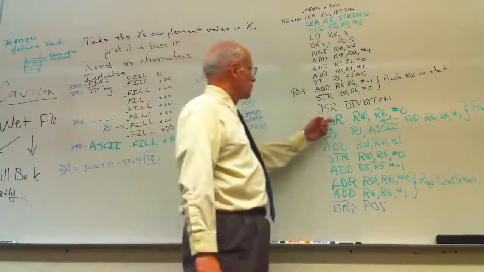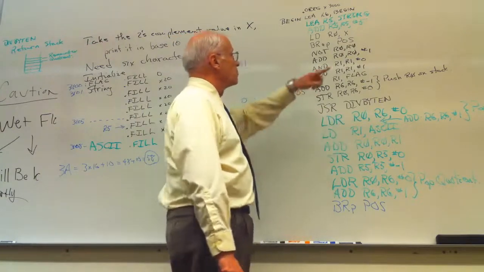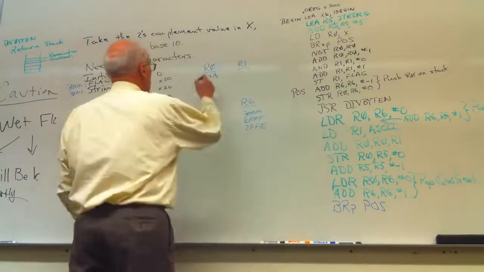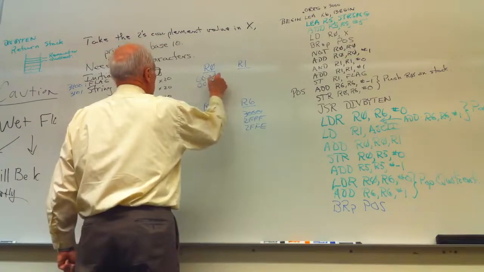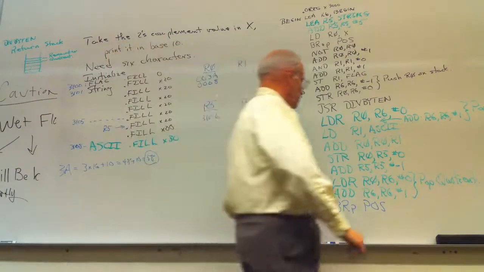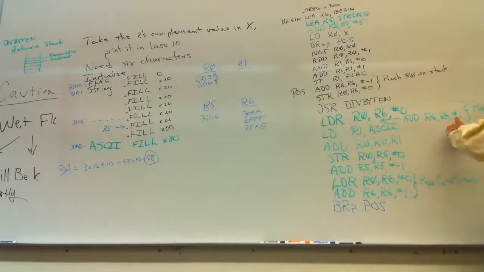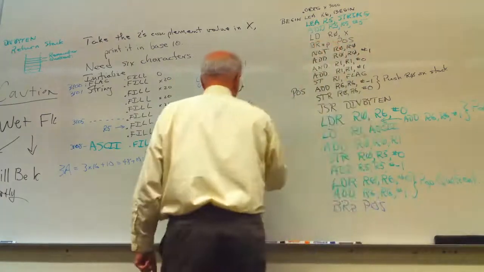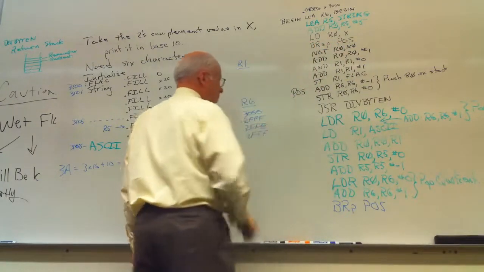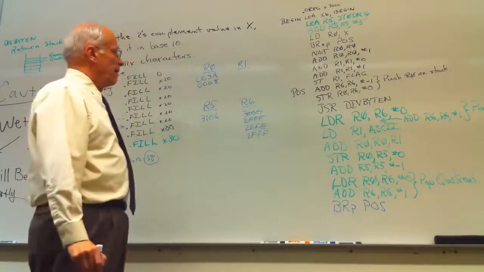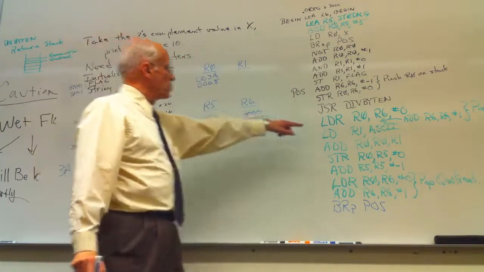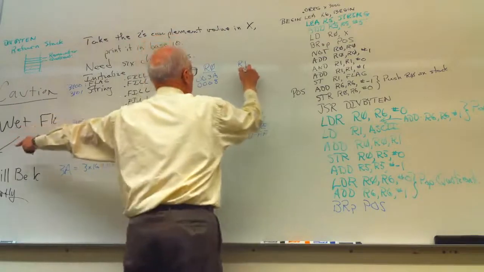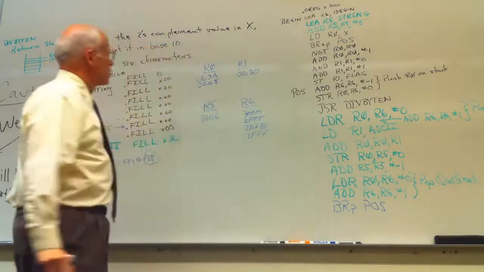Okay, so we come back, we load register 0 from where register 6 is, and so now we get an 8 here, and we add 1 to register 6, so it's now here. I load register 1 from ASCII, which is a 0030.